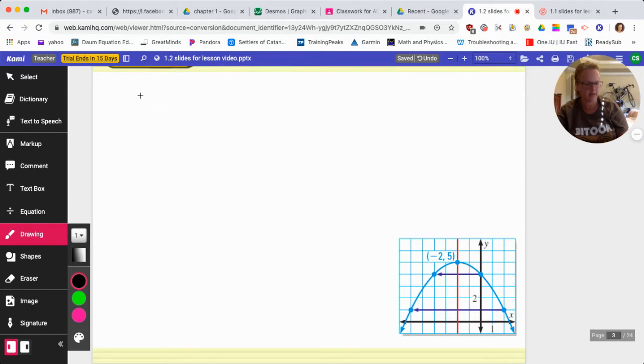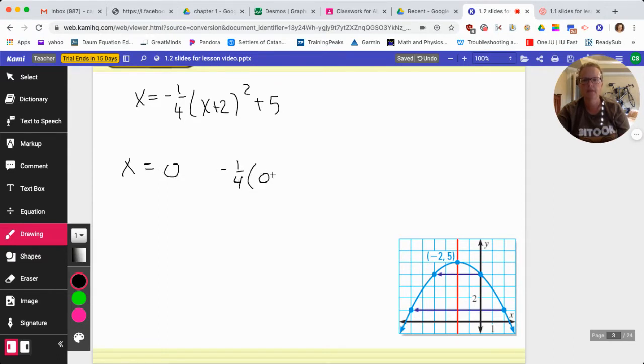Let me write it down again. y equals negative 1/4 times the quantity x minus h, squared, plus k. So let's just evaluate it at 2 values of x. We have not used x equals 0 yet, and we really like x equals 0 because it's easy to compute. So negative 1/4 times 0 plus 2 squared plus 5 equals negative 1/4. 2 squared is 4, plus 5.